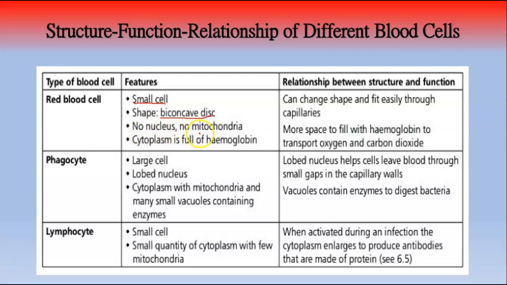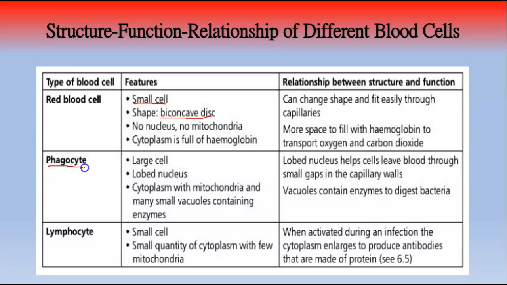They have no nucleus and no mitochondria, and the cytoplasm is filled with hemoglobin. These structural properties are important because it means that they can change their shape and fit easily through capillaries. They also have more space to fill with hemoglobin so that they can transport as much oxygen and carbon dioxide as possible, mainly oxygen and a little carbon dioxide.